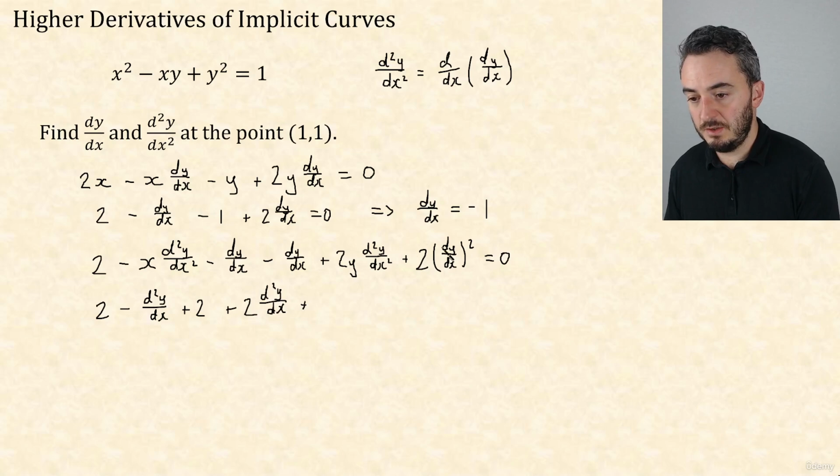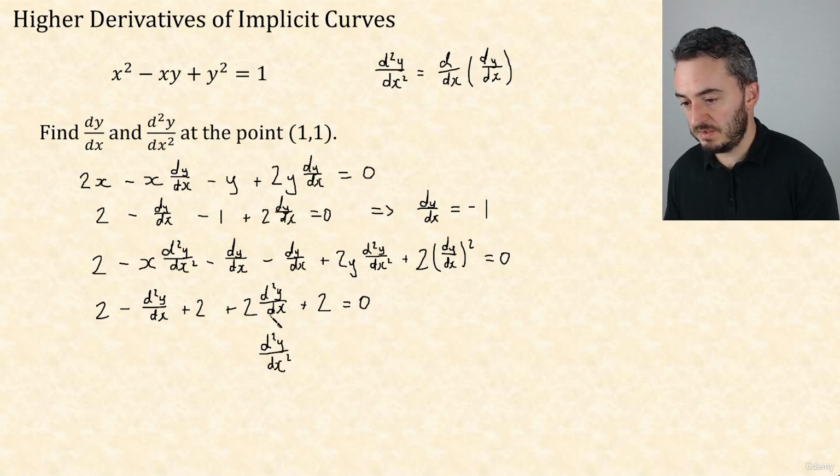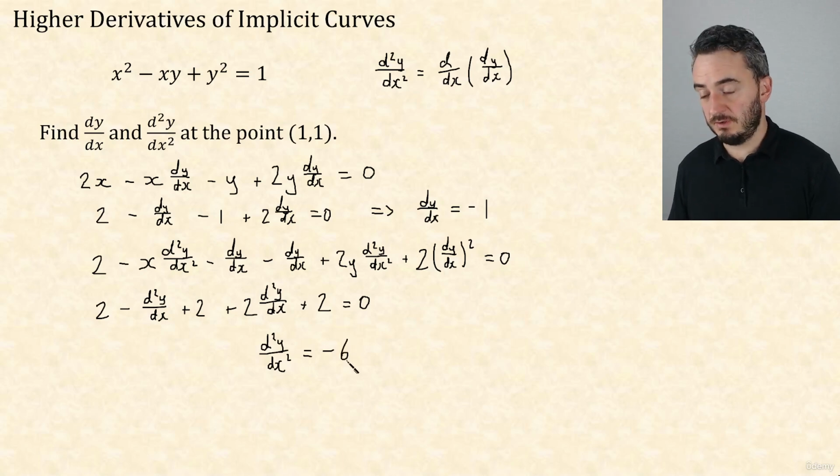Then it's plus 2 times dy by dx squared, so that squared is 1, so that's plus 2, equals 0. So in total this gives me 1 d2y by dx squared here, and then 2 plus 2 plus 2 is 6, so all of that equals minus 6. And so there's the value of the second derivative at 1, 1.